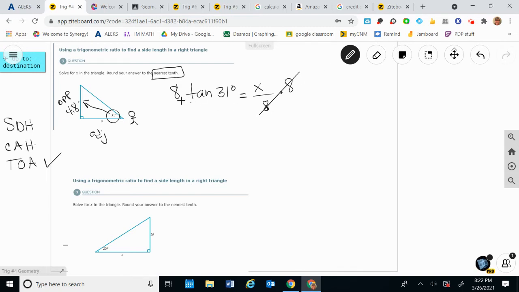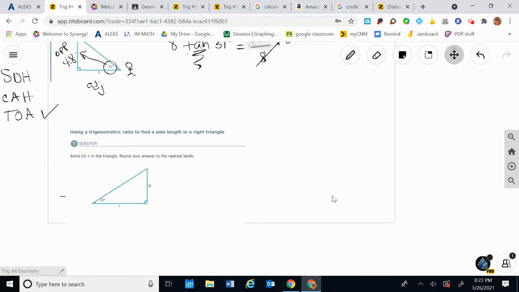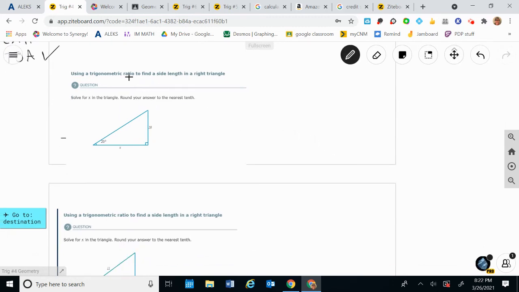The main thing you have to get from here is which trig function to use, and then just use algebra to solve for x. So here we go. Let's look at the next one. Again, round it to the nearest tenth. Here's your angle. You're just sitting here. Hello, I'm sitting here.